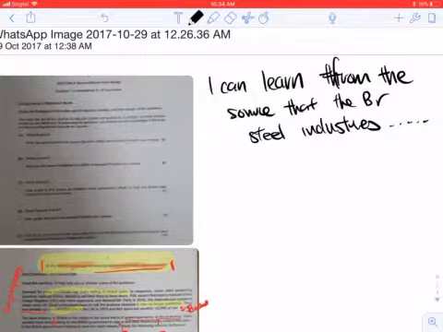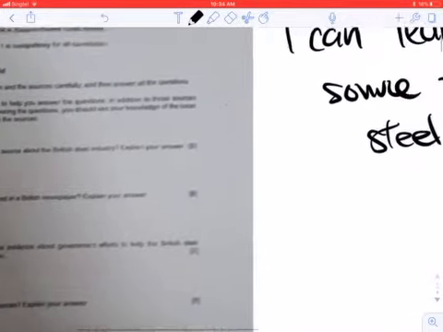Okay, we must write exactly what they say. Okay. Example number 2, why was this source published in a British newspaper?